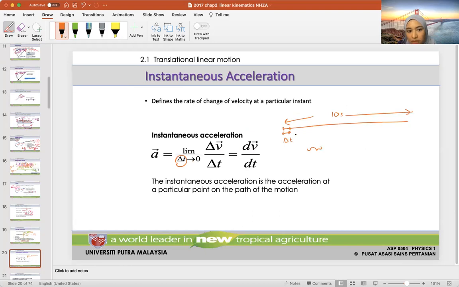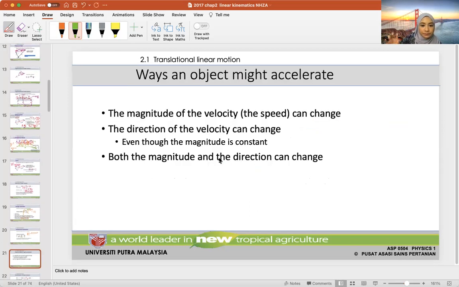Hey, this delta t is super small. It approaches 0. That is your instantaneous acceleration or instantaneous velocity. Whatever that happens during that short duration of time. Sama juga equation, instantaneous acceleration is the change in velocity over the change in time, tapi change in time is short.